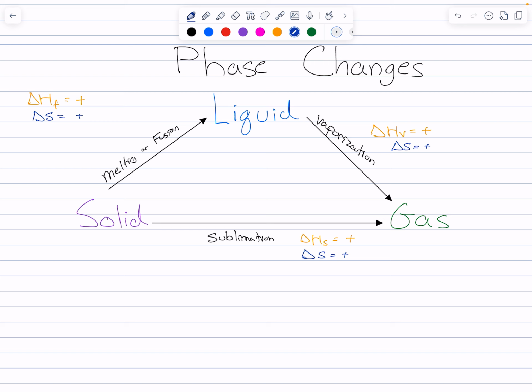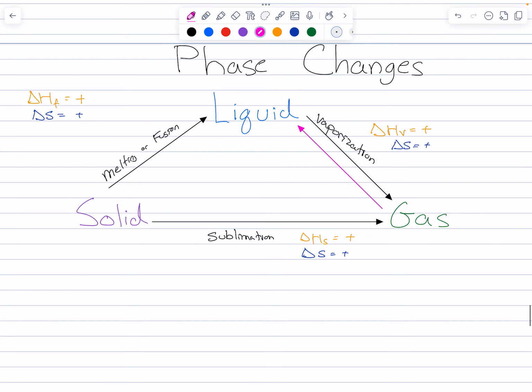Now, let's talk about the other direction. From a gas to a liquid, we know that's condensation. From a liquid to a solid, we're going to call that freezing.